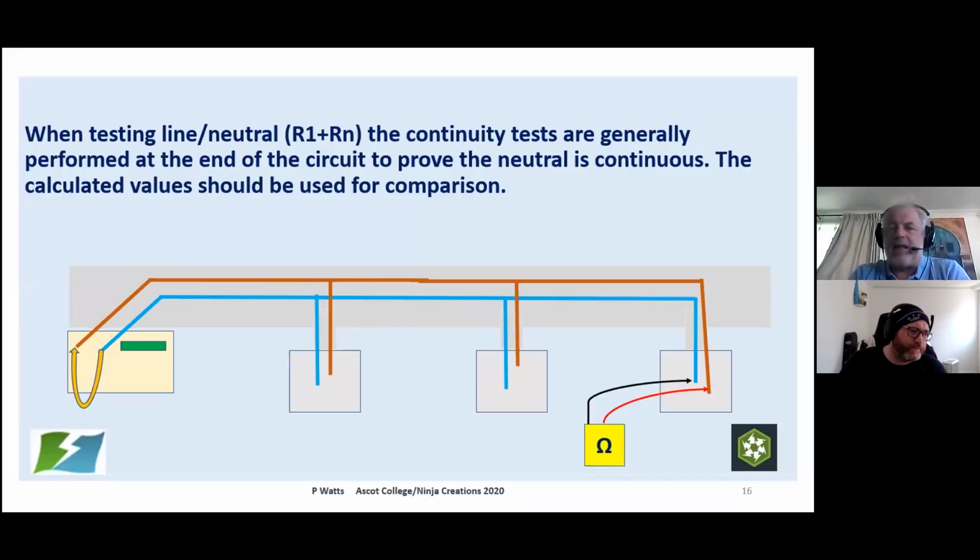Again, the values are quite often all over the place, unless you're just using your conduit or trunking alone for a CPC. Then when you go to the end, yes, you can get a value, but because of the multiple connections all the way down the circuit between the conduit and the trunking and the CPCs of all the circuits, quite often it's extremely difficult to get an accurate value.